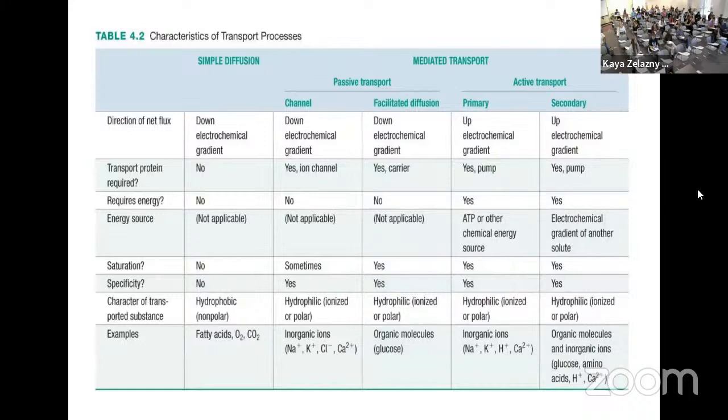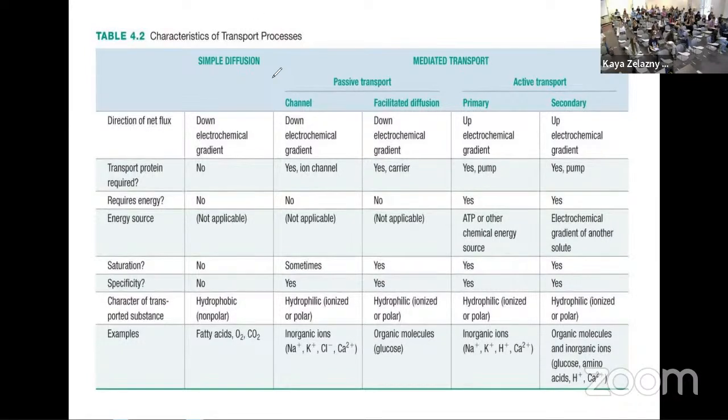This is just a big table from your book about all our different types of transport. So we have our simple diffusion, which I think we can include in this passive transport, even though the line doesn't go that far. So you can see our passive transport going down our electrochemical gradient. You can see our active transport going up. We can see what type of protein is involved.